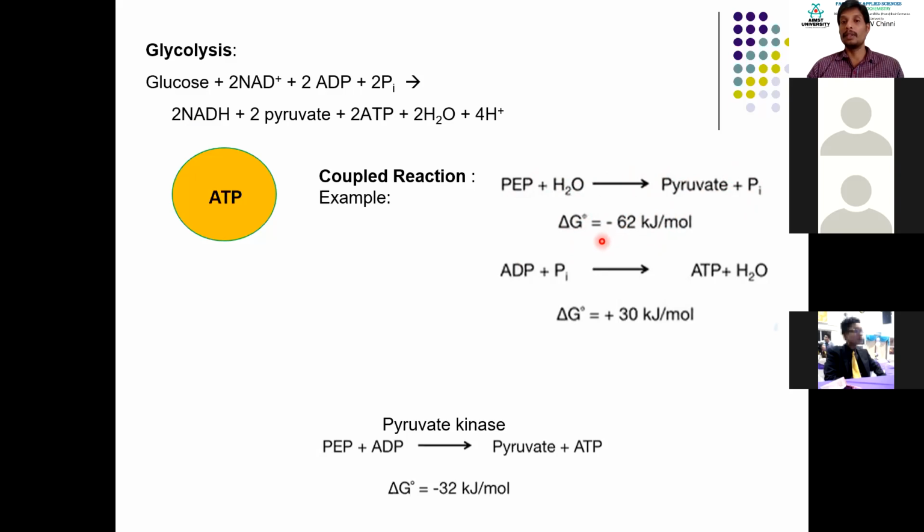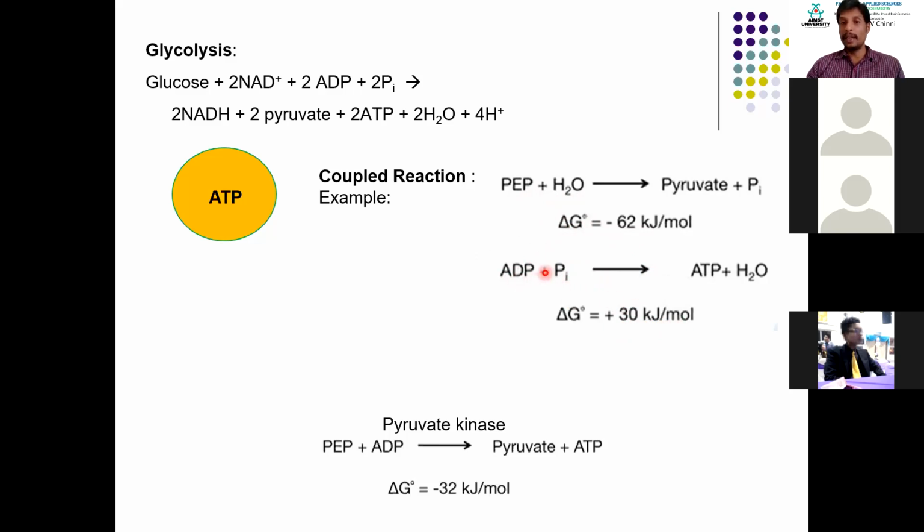How much is that? The free energy of the pyruvate minus the free energy of the PEP, phosphoenol pyruvate, is called the Gibbs free energy change, and that is 62 kilojoules per mole. During this time, one more reaction is happening. ADP is converted into ATP by adding inorganic phosphate, which requires 30 kilojoules per mole.